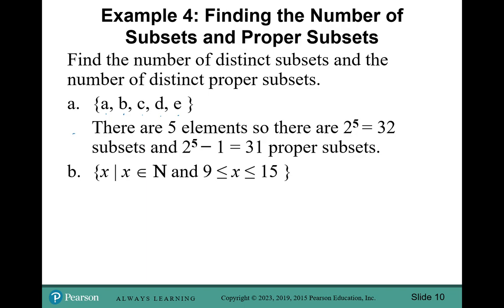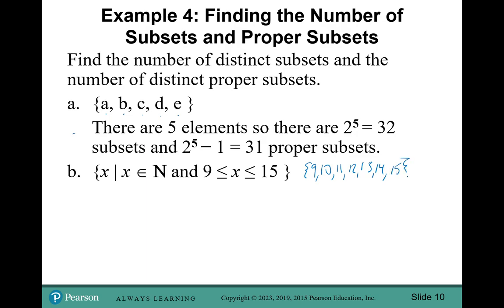Alright, now B says x such that x is a set of the natural numbers, and 9 is less than or equal to x is less than or equal to 15. Let's write this out in roster form. 9, 10, 11, 12, 13, 14, and 15.